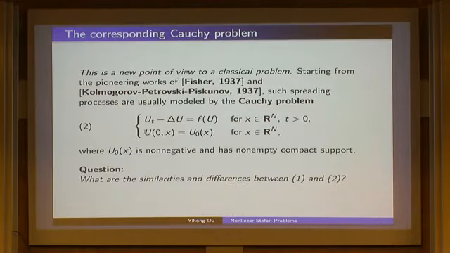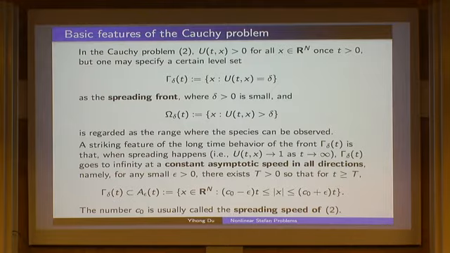For the Cauchy problem, there are lots of results, and we know quite well in many situations. Now we want to ask, are there differences between 1 and 2, and are there similarities? So let's first recall the basic features of the Cauchy problem.